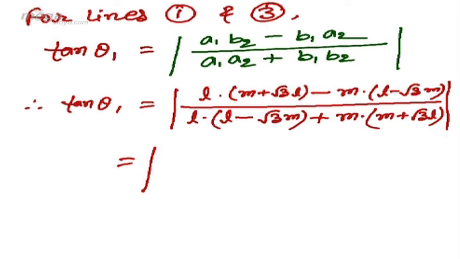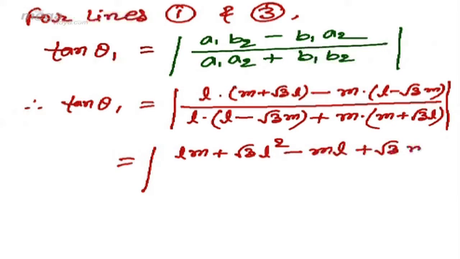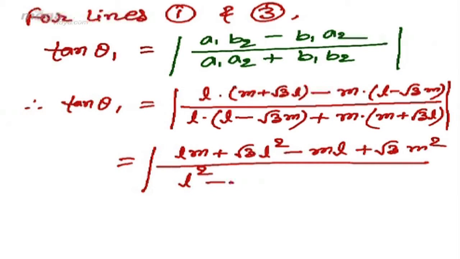So when you open the bracket, it becomes Lm plus root 3 L square minus Ml plus root 3 M square, and here you will get L square minus root 3 Lm plus M square plus root 3 Ml.